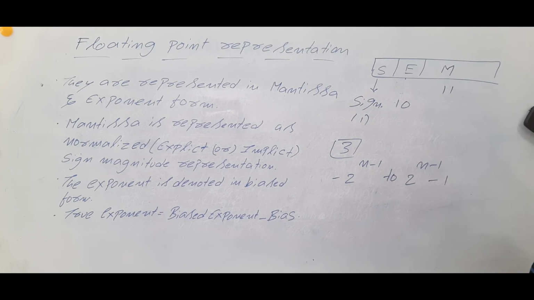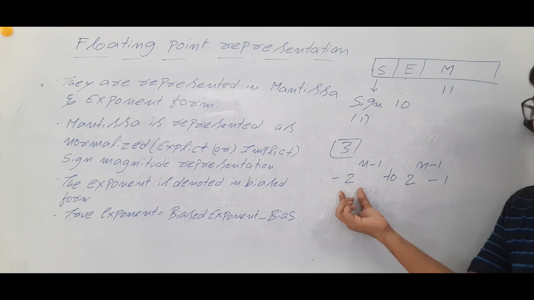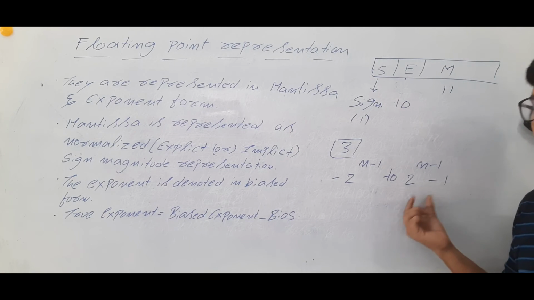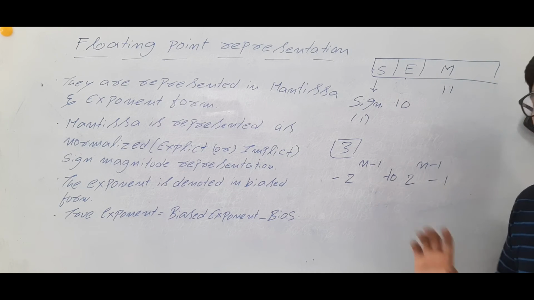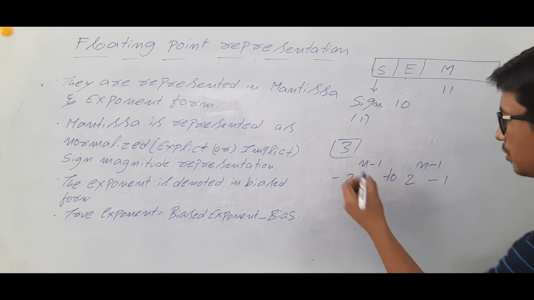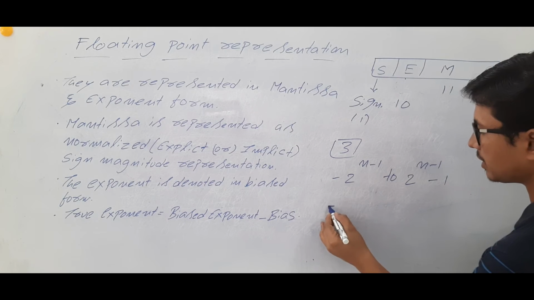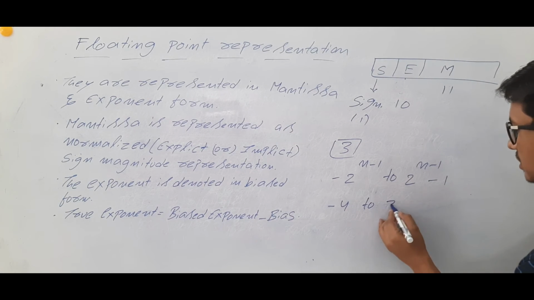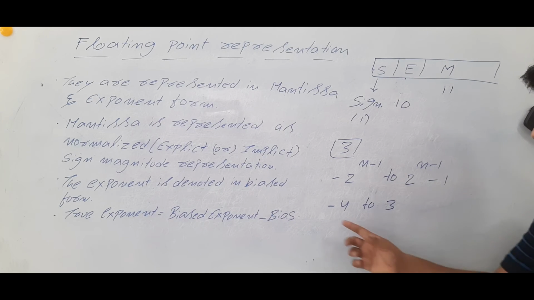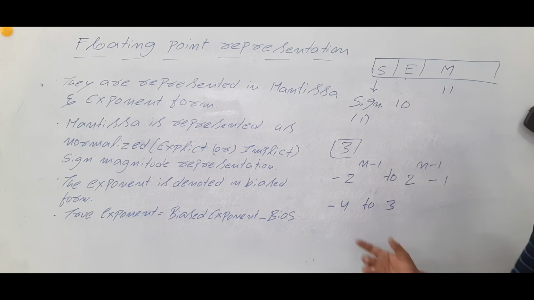This is the smallest number possible in 2's complement, and the largest positive number possible is 2 power n minus 1 minus 1. This is the range of 2's complement form. So if you take 3 bits, it will be minus 4 to 3. Am I right or wrong? This is minus 4 to 3 you can represent.